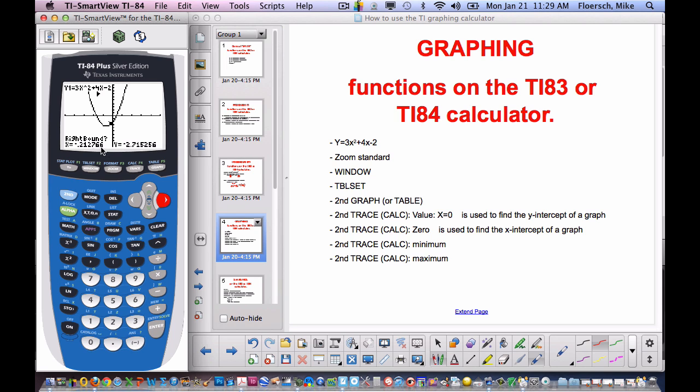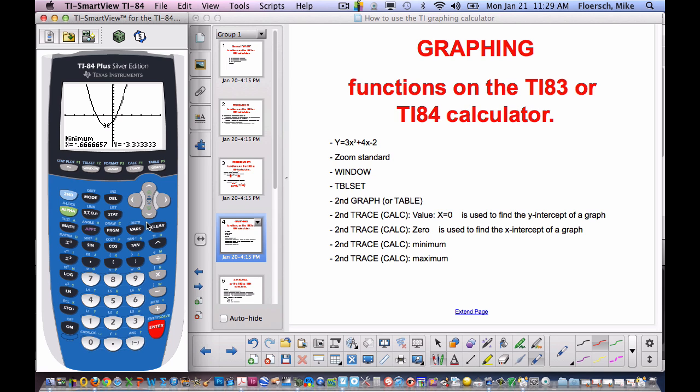There's my cursor. Right bound, I hit enter. It'll guess between those 2 points. I hit enter. My minimum is at negative 0.67 or negative 2/3 when my y value's at negative 3.33 repeating. That's my minimum point right here, my lowest point of my parabola.